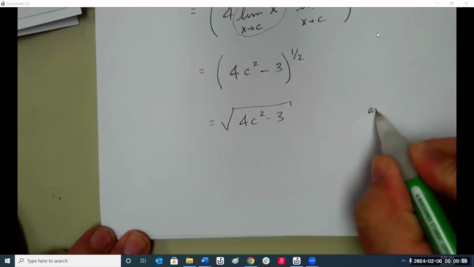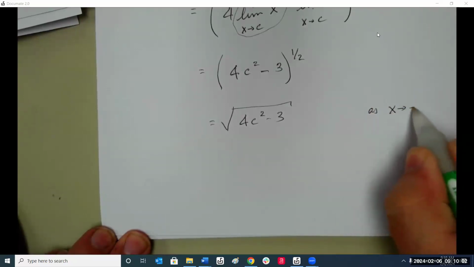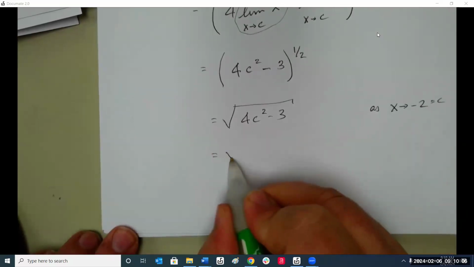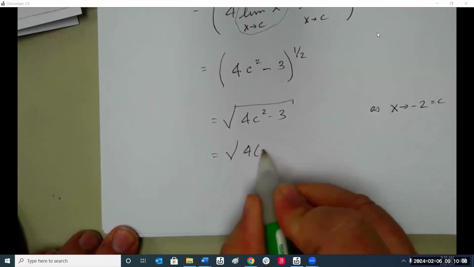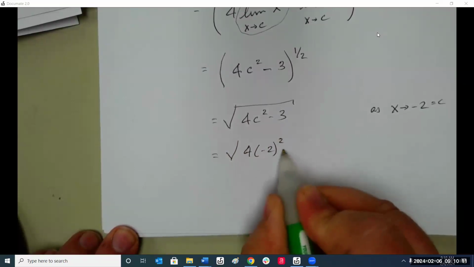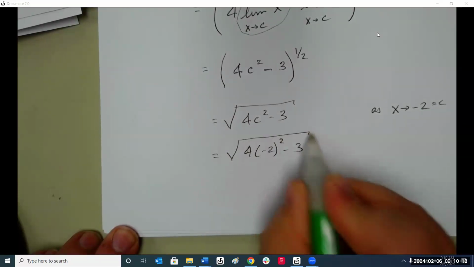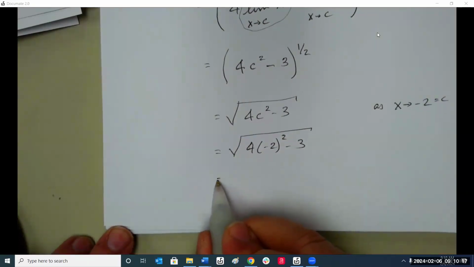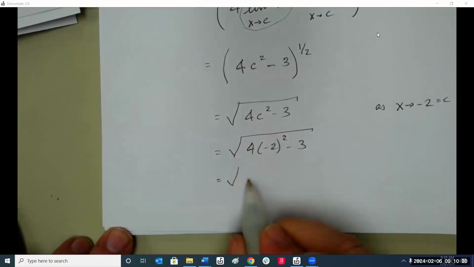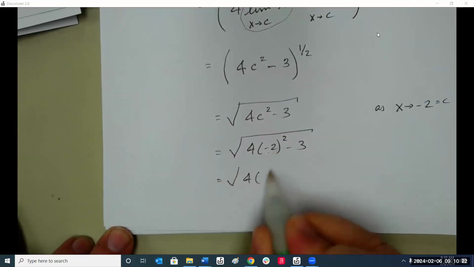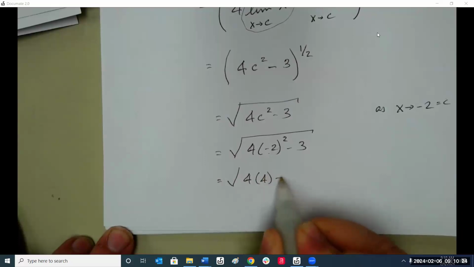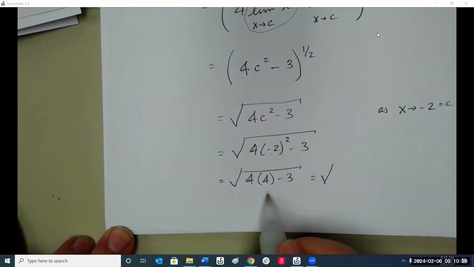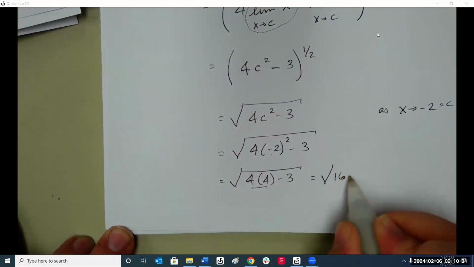So as x approaches -2, that is our c value. So in here, -2 squared minus 3. -2 squared is 4. 4 times 4 is 16.